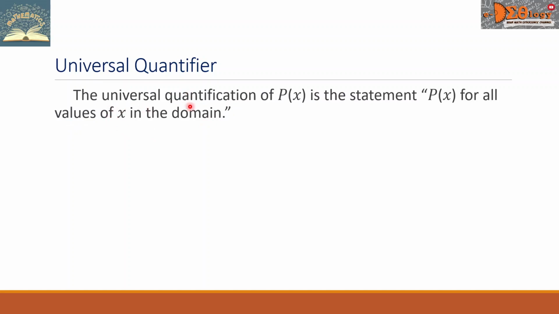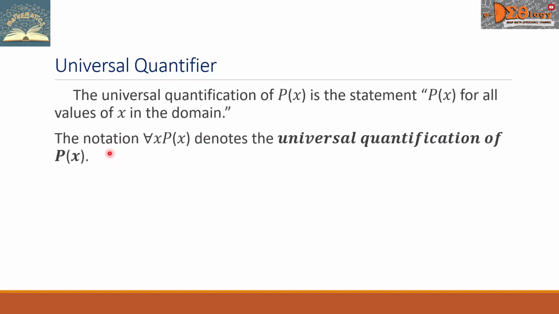Now we have universal quantifier. The universal quantification of p of x is the statement p of x for all values of x in the domain. The notation inverted A x p of x denotes the universal quantification of p of x.